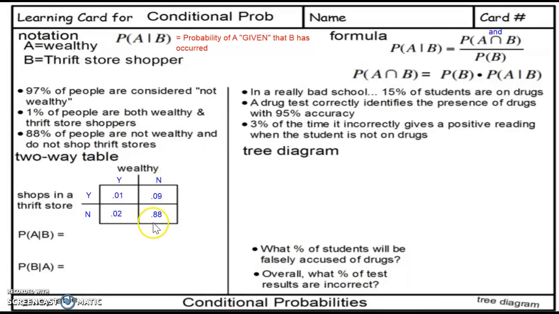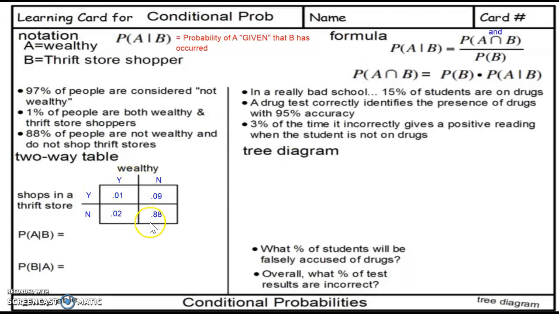So that's 88% here, no and no. And then I can fill out the rest. Since I know that 97% of people are considered not wealthy, I'm going to put 9% or 0.09 right here for not being wealthy. And now this column of not wealthy is equal to 97%, which then means that this last box that hasn't been filled in yet would have to be 2% or 0.02.